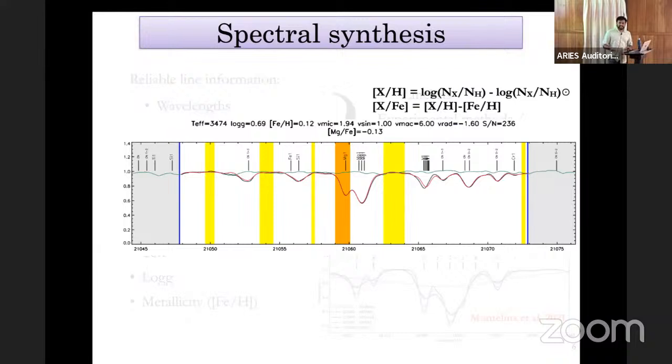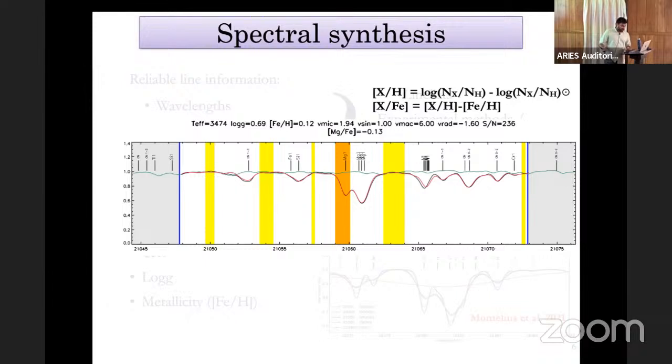So here is an example where I show how we determine, for example, magnesium abundance for a star whose observed spectra is shown by the black line here. You cannot see it properly. But the red line shows the synthetic spectra that have been synthesized, corresponding to temperature of 3,500, surface gravity of 0.7 dex, and metallicity of 0.12 dex. And I am trying to fit this line, which is a magnesium line.